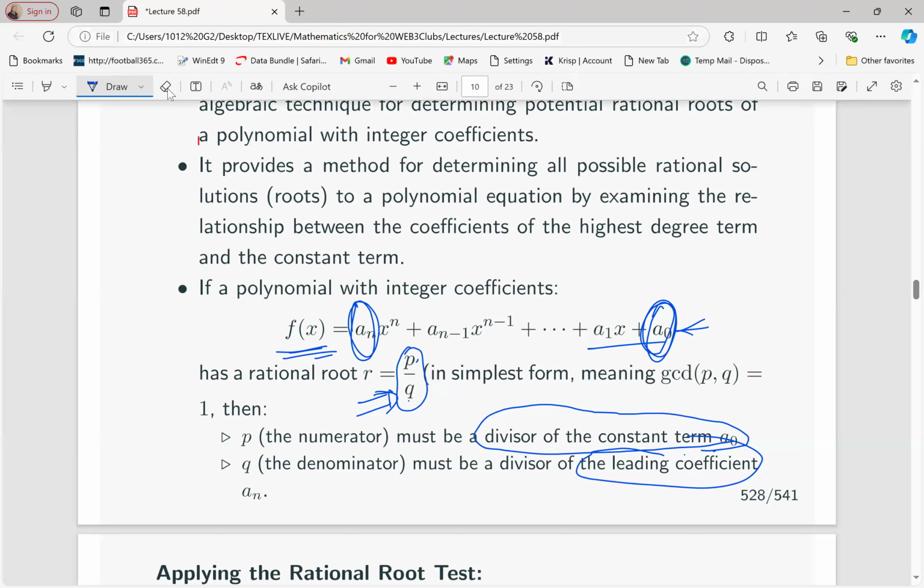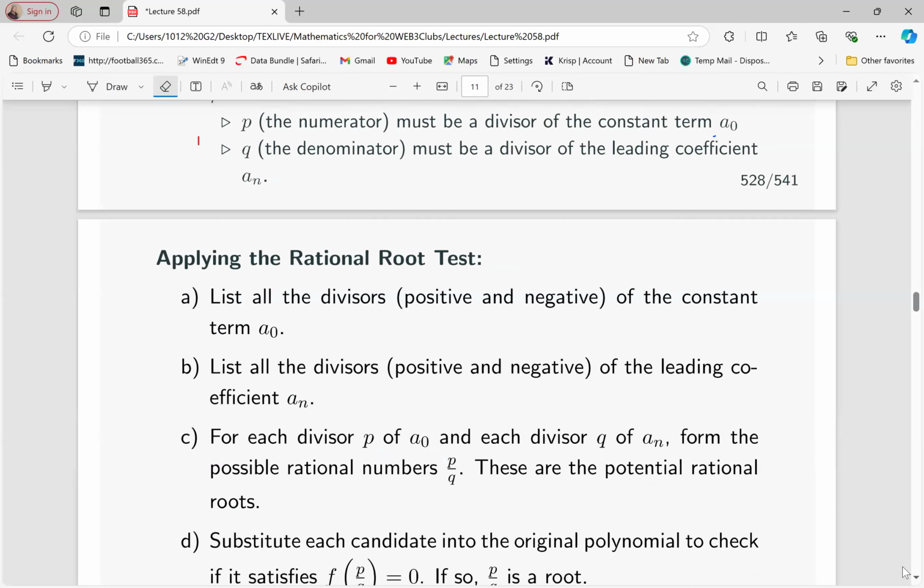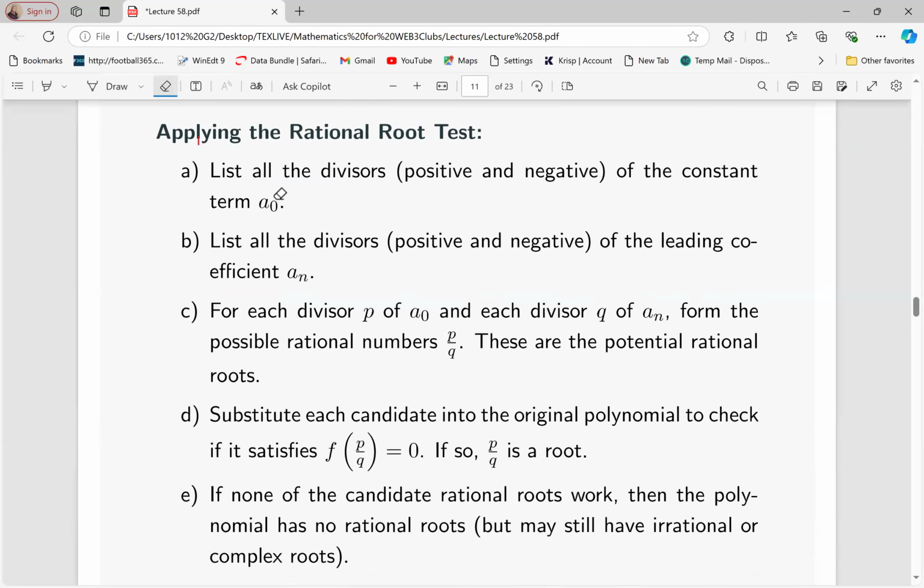After we come up with all those possibilities, we go one by one, verifying to see which one is the root. So what I've been explaining is applying the rational root test.